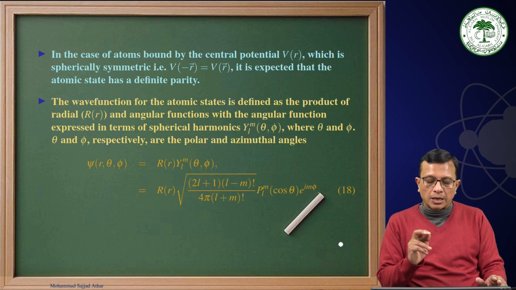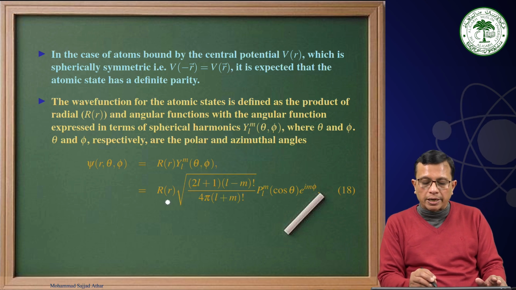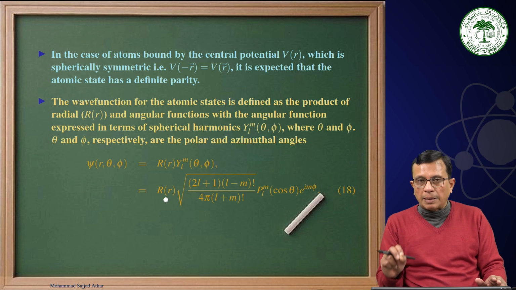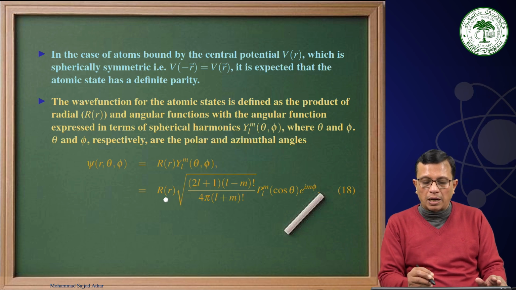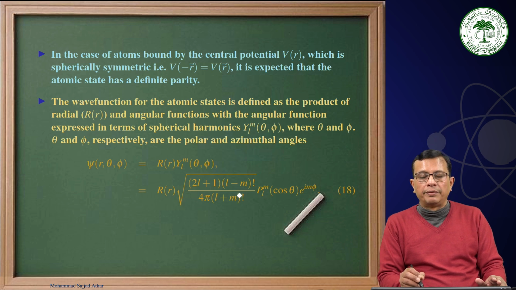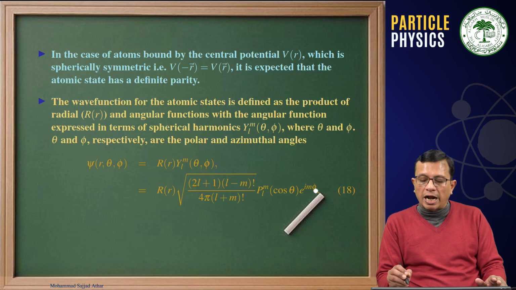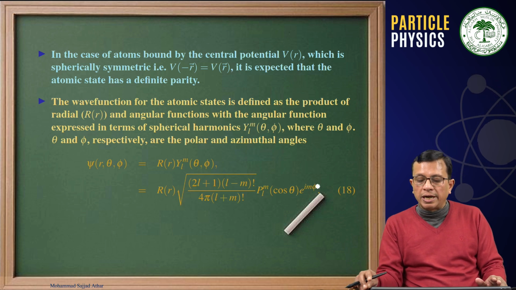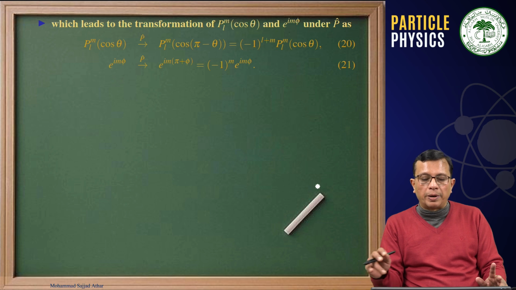Look at it. Psi(r, theta, phi) was R(r) times constants times P_lm(cos theta) e to the power i m phi. Since capital R is a function of the absolute distance, the scalar r, it is unchanged. And mind it, we are changing theta to pi minus theta and phi to pi plus phi to get r to minus r.